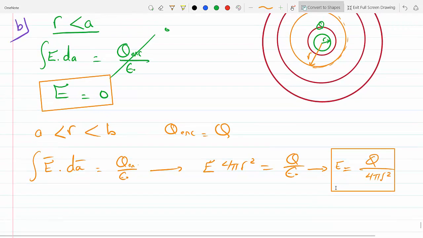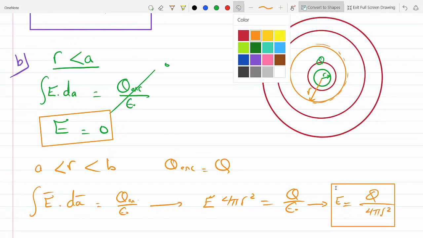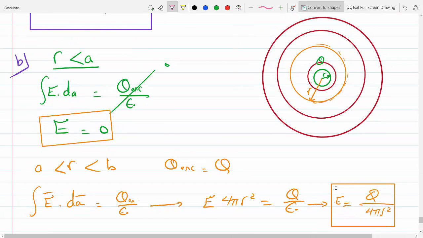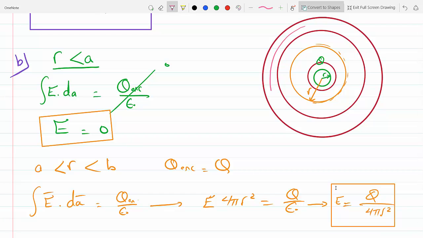Okay, now we will go with a Gaussian surface inside the shell, which is here. So now this will be R, and we know that this guy here is minus Q according to what we said.